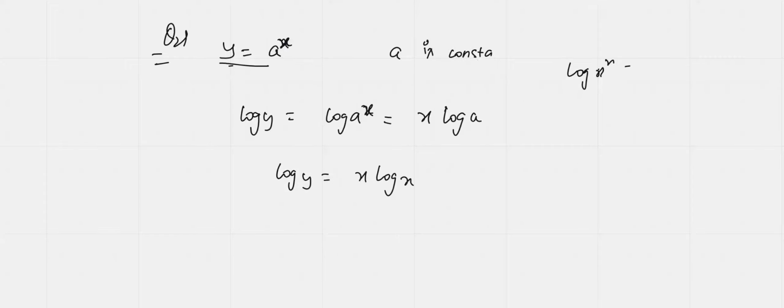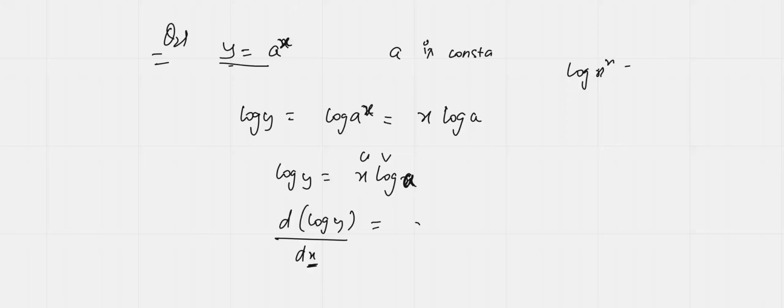Let's differentiate the whole thing with respect to x. So here you will have d of log of y. Now you can see you have the u dot v formula.